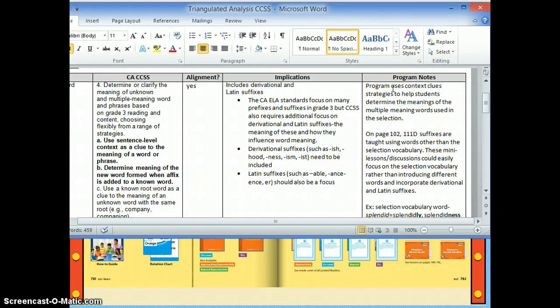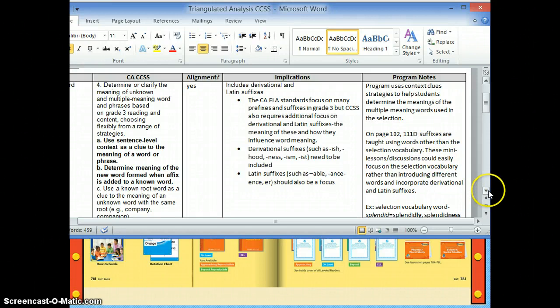I noted to myself as I was looking, I really went through each lesson they did on vocabulary throughout this particular week in this first unit. And so I wrote down that the program used context clue strategies to help students determine the meanings of the multiple meaning words in the selection.